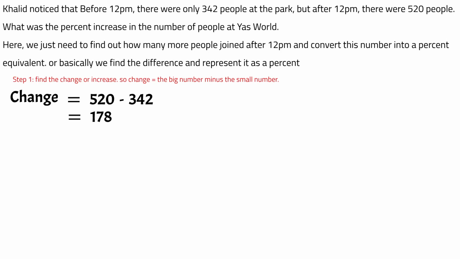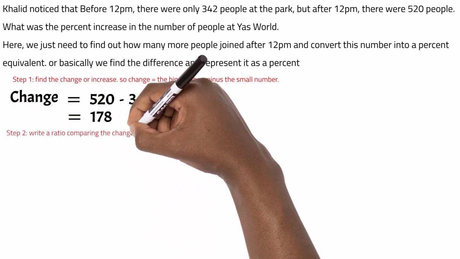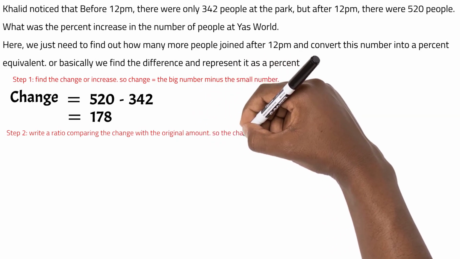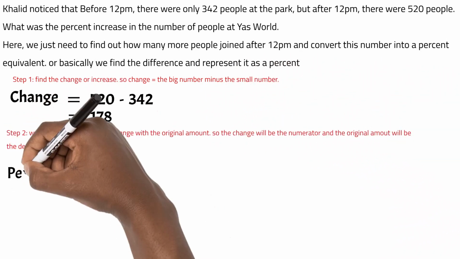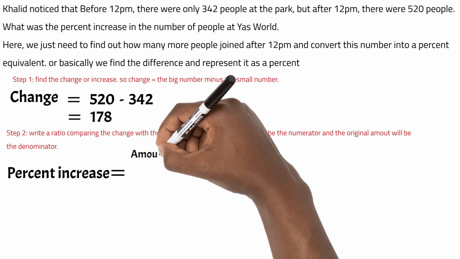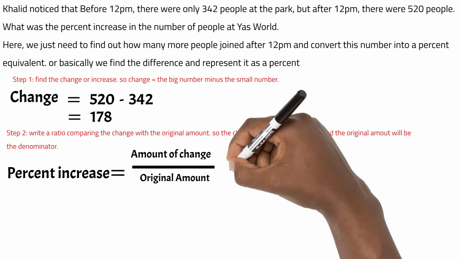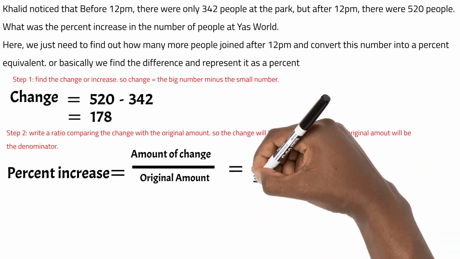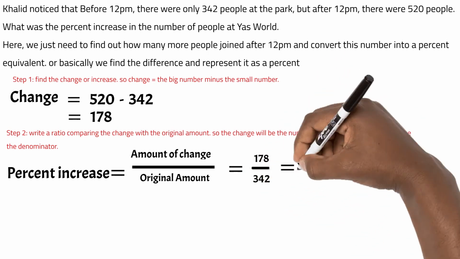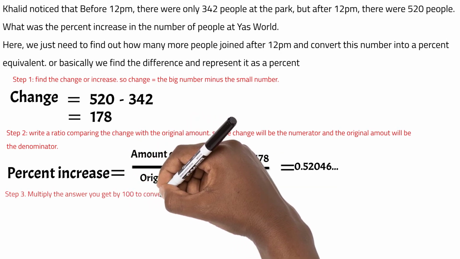Now we need to convert this number to a percent. Step 2. Write a ratio comparing the change with the original amount. So the change will be the numerator and the original amount will be the denominator. So percent increase equals change divided by original amount. Therefore percent increase equals 178 divided by 342. Step 3. Multiply the answer you get by 100 to convert it to a percent.